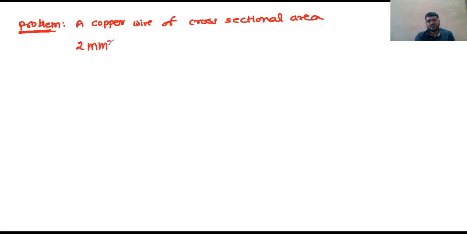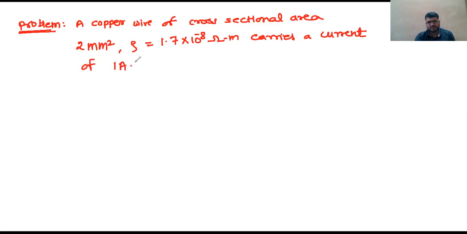You have to convert into meter square, keep it in mind. Resistivity, that is rho, 1.7 into 10 to the power minus 8 ohm meter, carries a current of 1 ampere.